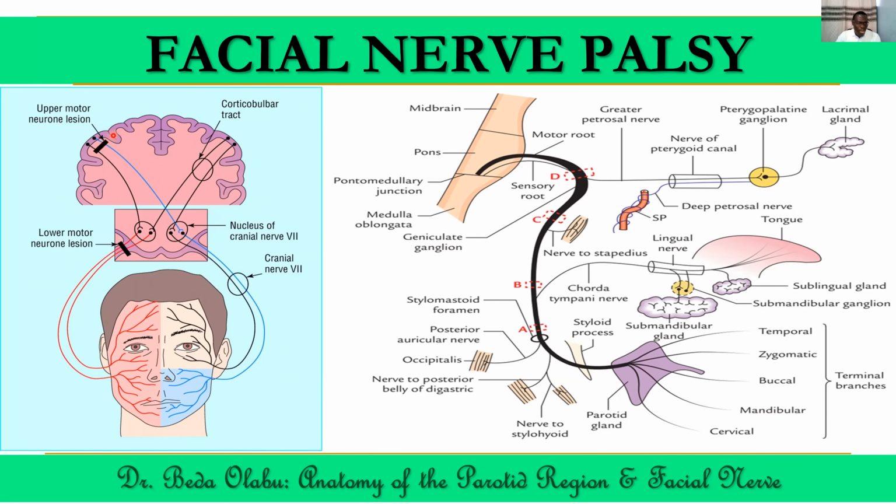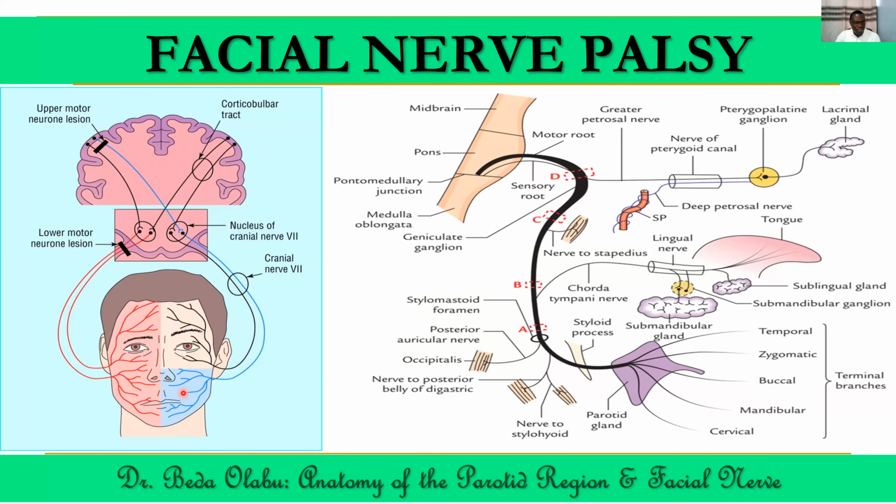So this one is an upper motor neuron from the right cerebral cortex. It projects bilaterally, yes. But the bilateral one here targets the upper face, and then the contralateral here will target the lower face of the opposite side.